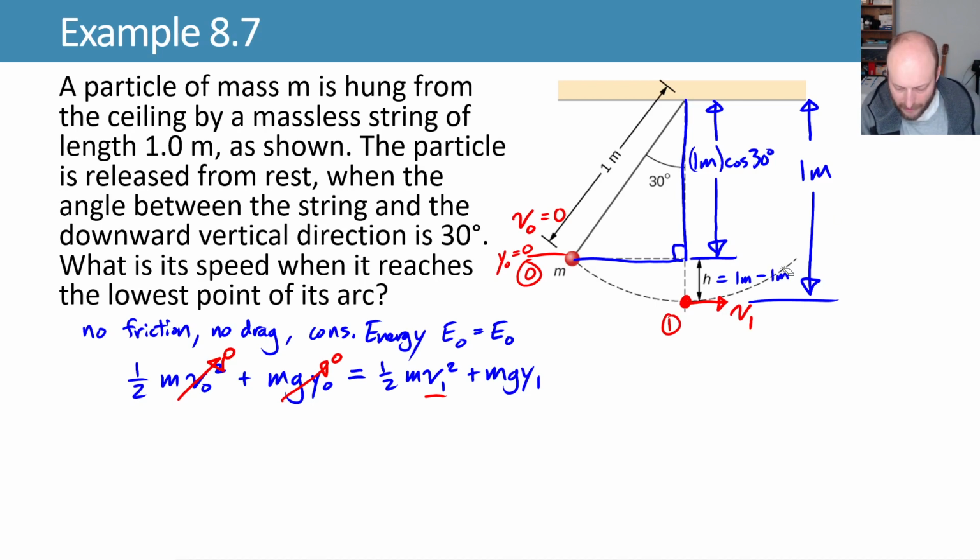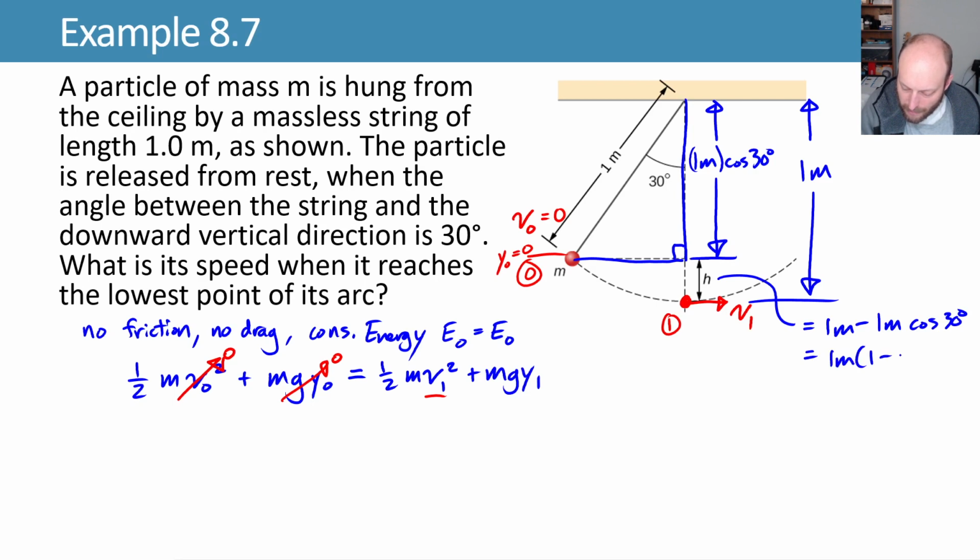And I've left myself without room to write that. I will write it down here. So this height here is equal to 1 meter minus 1 meter times cosine of 30 degrees. Or I might actually be inclined to write that as 1 meter times (1 minus cosine 30 degrees). We can do this. That gives me a height of 0.13397 meters.